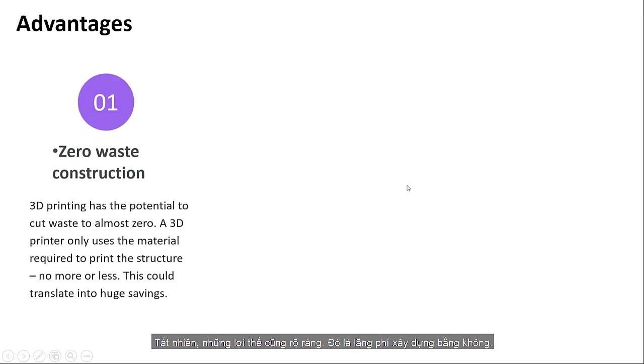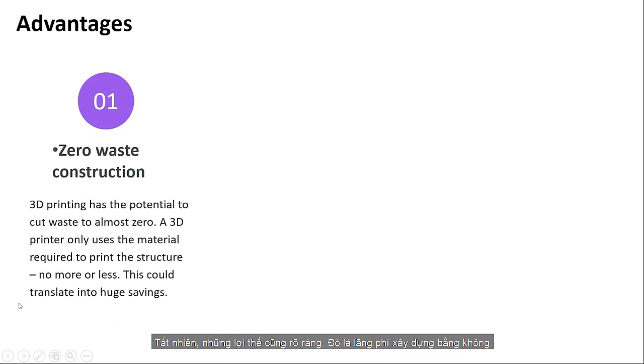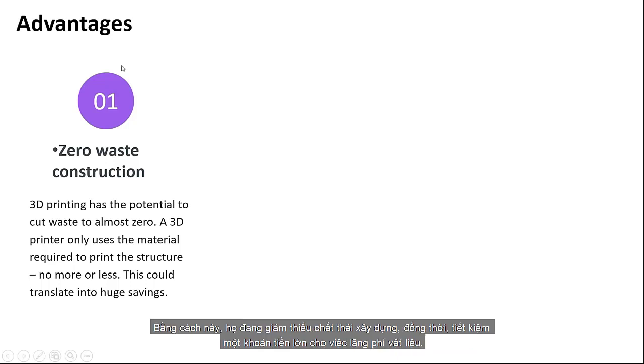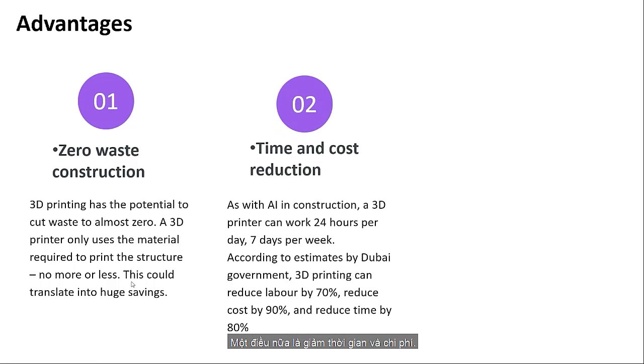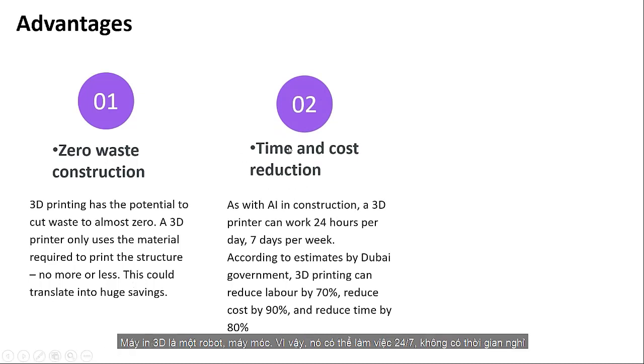So the advantages are, of course, you don't have to say anything about it. This is zero-waste construction. 3D printing only uses the material it needs, so it reduces construction waste. This also means you are saving a huge amount of money. The other thing is time and cost reduction. With 3D printing, it is a robot, and also with AI in construction, they work 24/7.